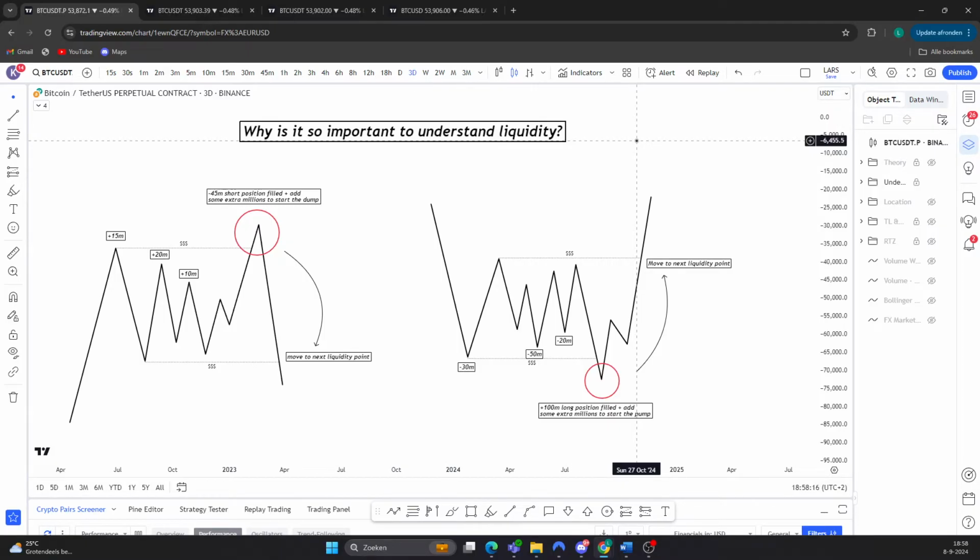However, if they want to move price, meaning they'll have to buy hundreds of millions of dollars of BTC, well, for every buy order that the market maker wants to fill, they need an equal order selling it to them. If I want to buy 100 million, someone needs to sell 100 million to me. Otherwise, I cannot buy 100 million. So what do the market makers do?